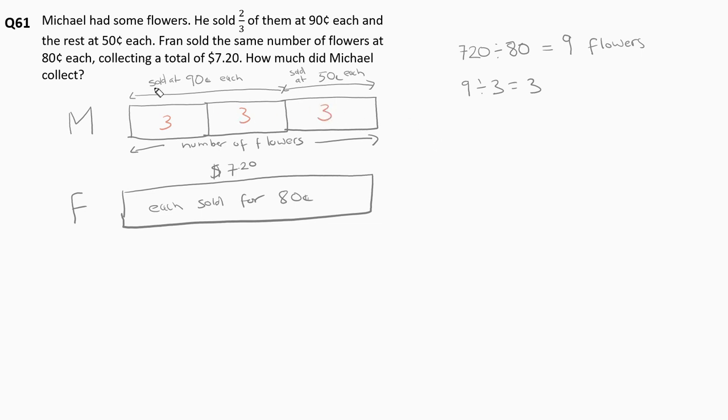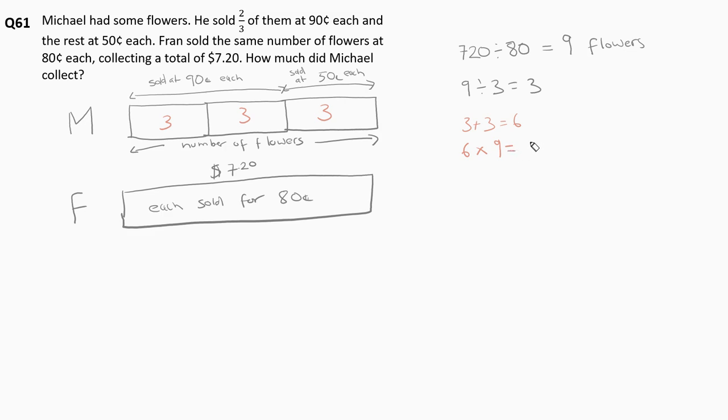And we're asked, how much did Michael collect? Well, how many flowers did he sell for 90 cents? Well, that's 6 flowers, because 3 plus 3 equals 6. And then we've got 6 times 90. What is 6 times 90?